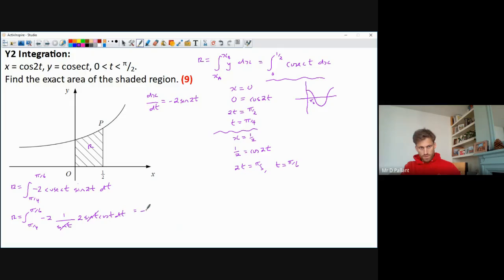So ultimately, I've got minus 4 on the outside. No, not 4, minus 6. And I've got just a cosine t remaining, which I come up here, which is minus 4. Let's put a square bracket there. So cosine t integrates straight into sine t between pi on 4 and pi on 6.